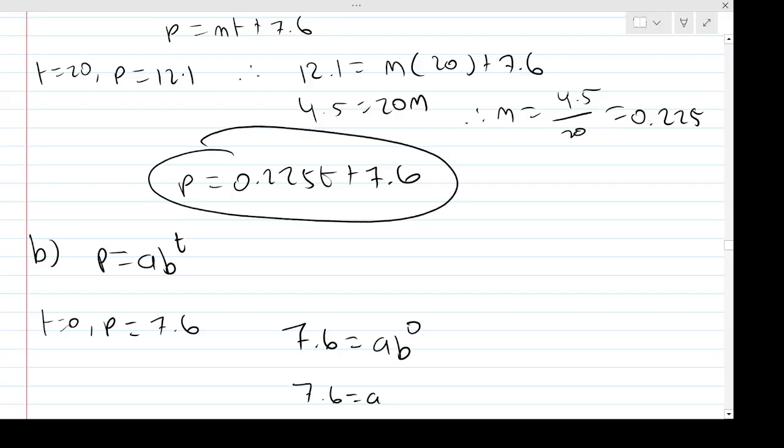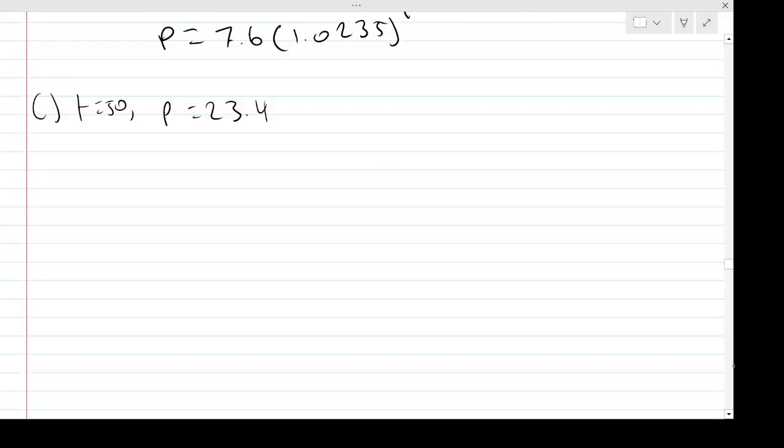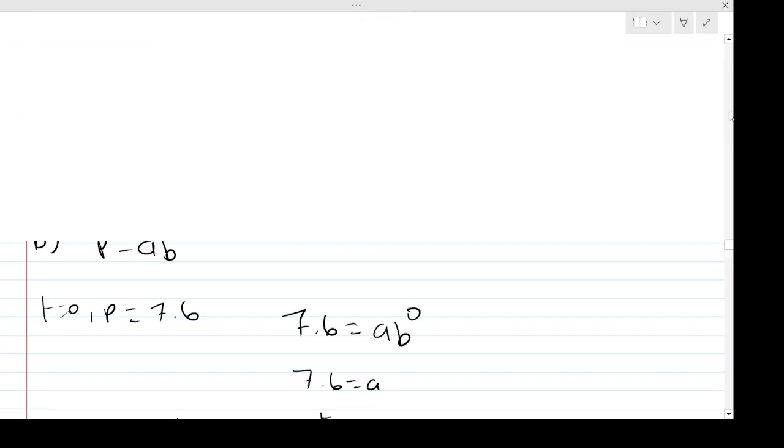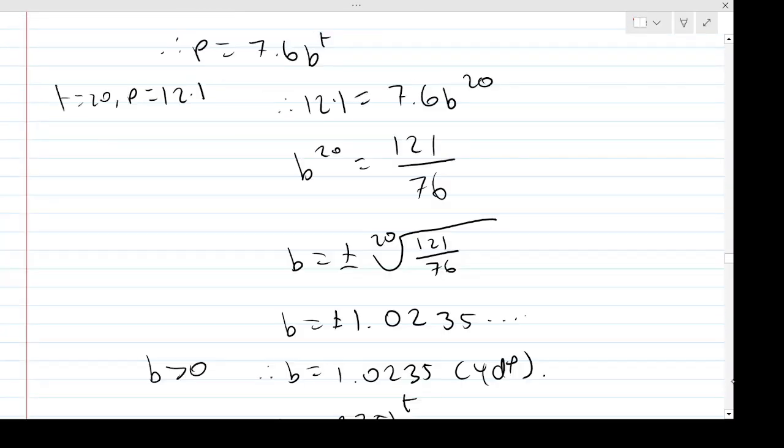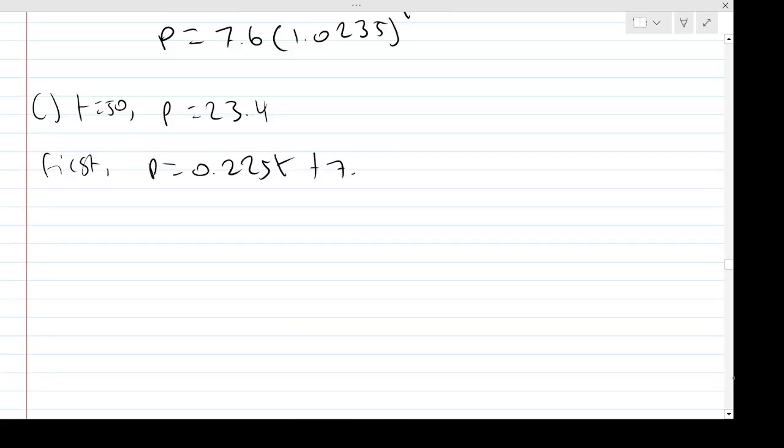Well, firstly, we've got P is 0.225t, add 7.6. So then I'm going to sub in t is 50.